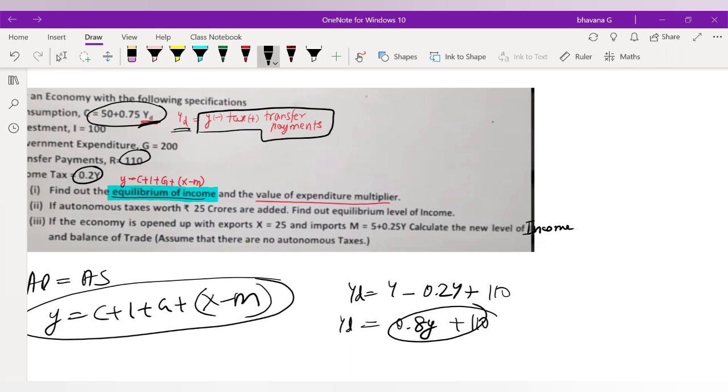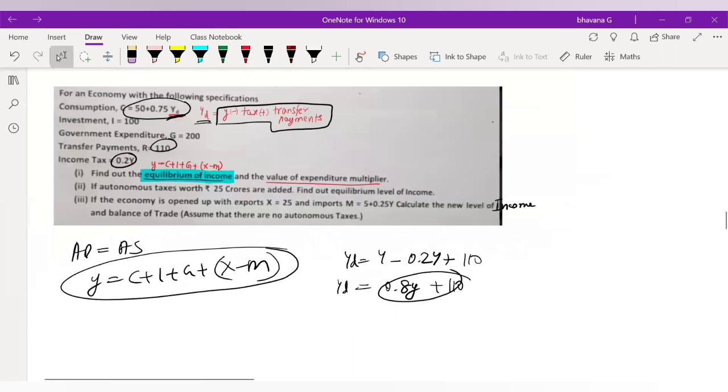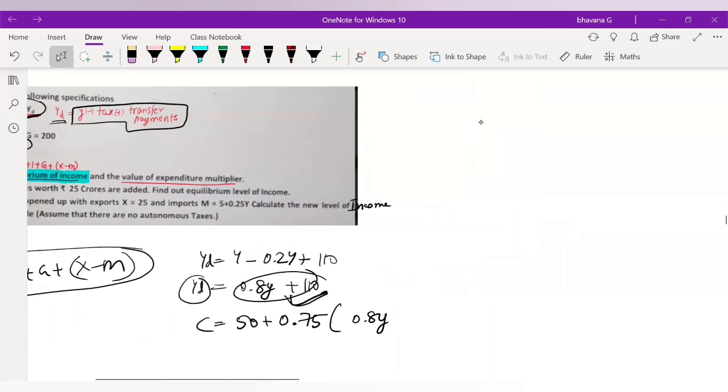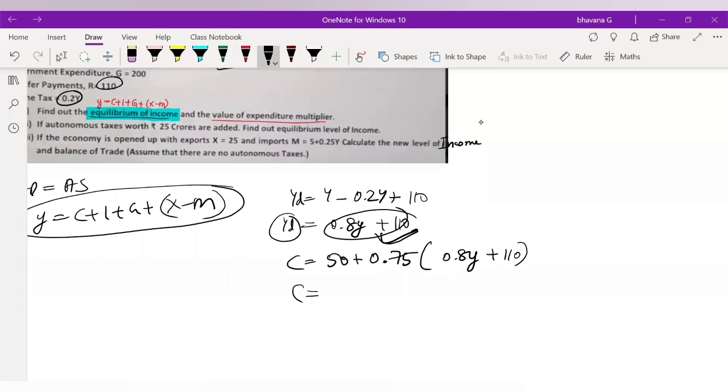So now in the consumption function, you can substitute 0.75 times YD, that is 0.8Y plus 110. If you substitute this, your new consumption function will be 135.50 plus 0.65.